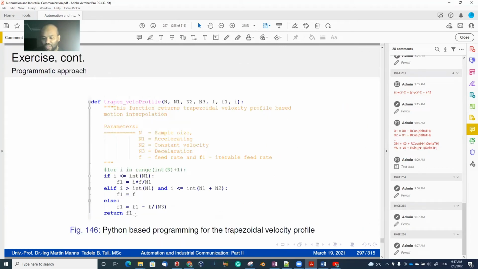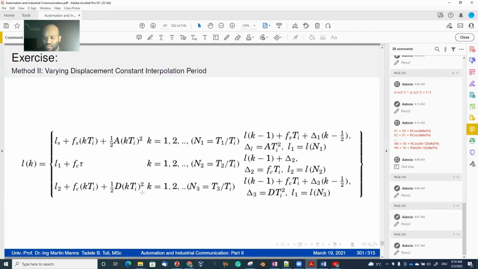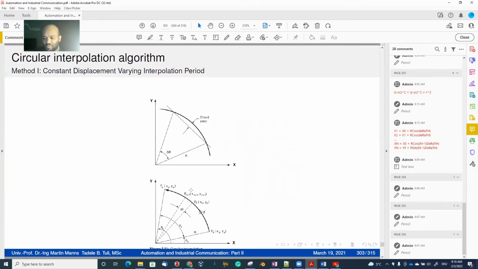This is a simple function in Python. Actually, I've implemented it. Just if you want, you can simulate it. You can try it out, and then it will generate something like this for you. Then for the circular interpolation, the one I was talking about, we have deltas.